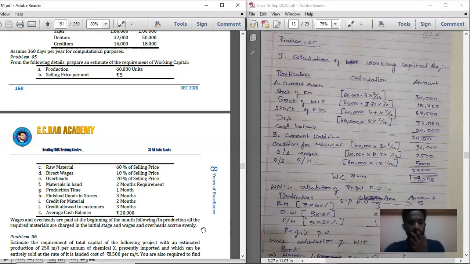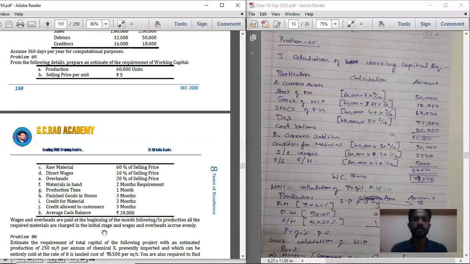And in production, all the required materials are charged in the initial stage, and wages and overheads accrue evenly. That is our assumption for all the problems, which they have given in the question itself. For work in progress, 100% of the material required for that production is given in the initial stage itself, when they start the production.